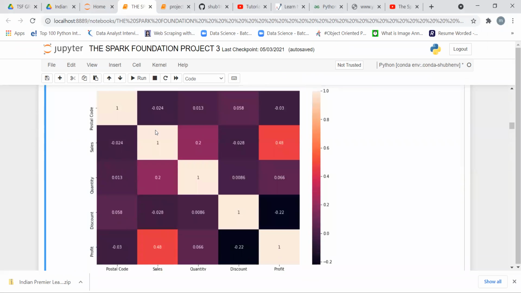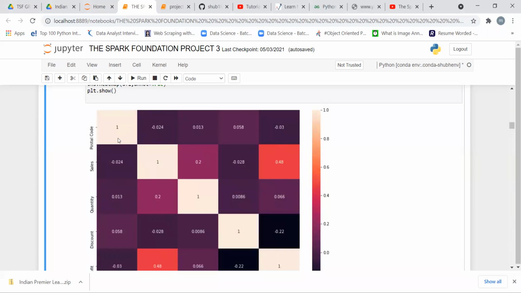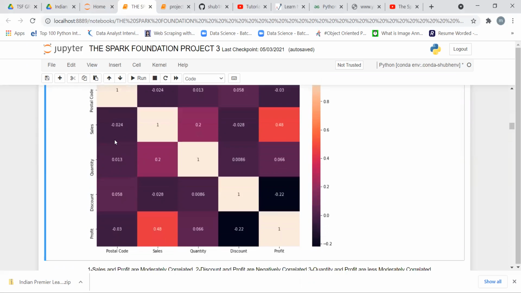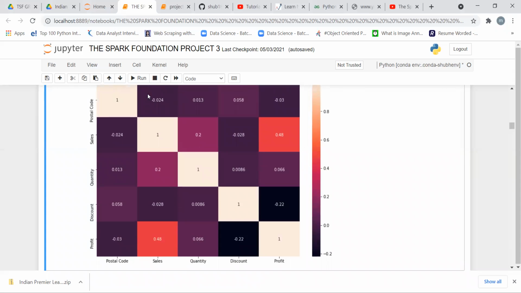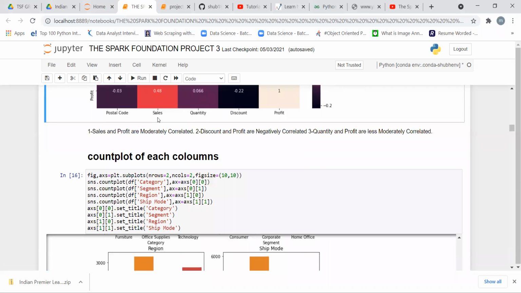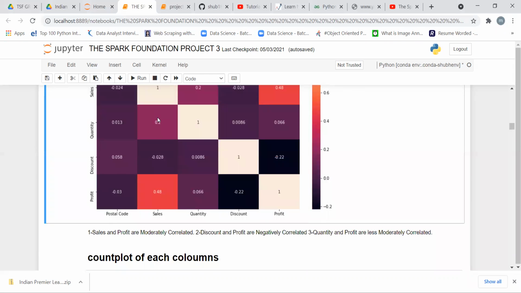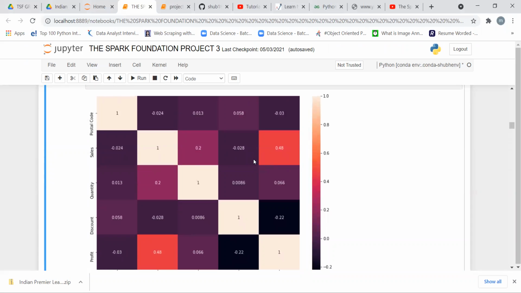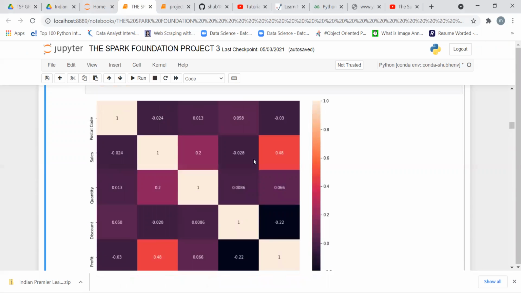Here we also see that sales has a negative relationship with postal code. It means sales depends very little on the postal code. It shows an inverse relationship between them.